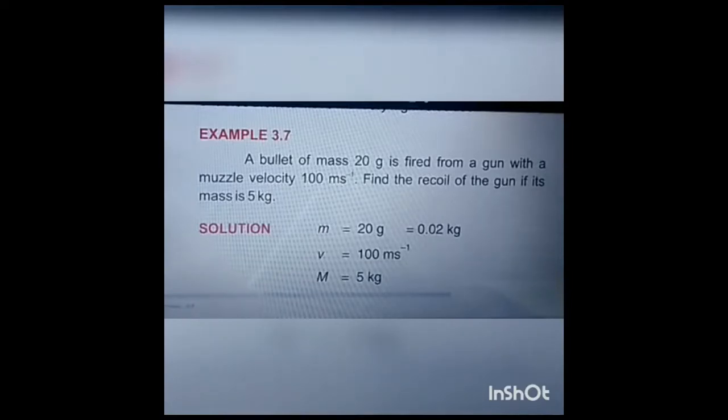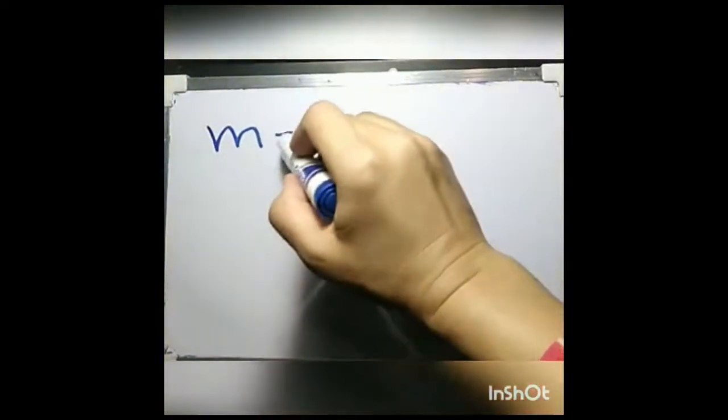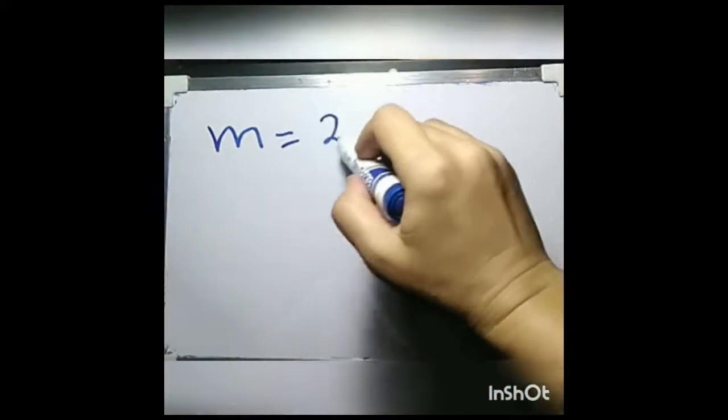In order to convert 20 grams into kilograms, we will divide it by 1000. As you know, kilo means 1000. So in this equation, we can clearly see that the mass is 20 gram.